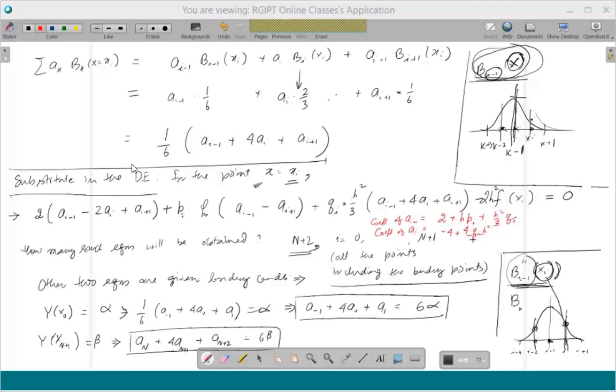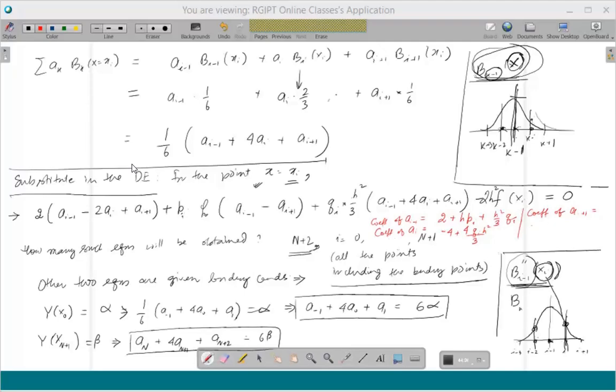And the coefficient of a_{i+1} is the same as a_{i-1}, except that just one term becomes negative: plus h p_i becomes minus h p_i. The other two terms remain the same.